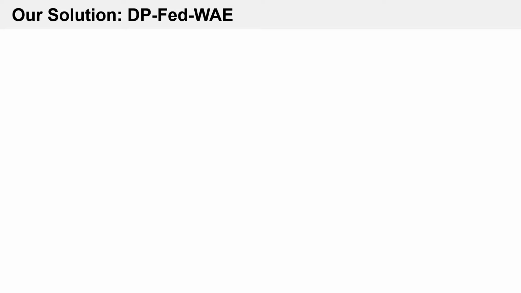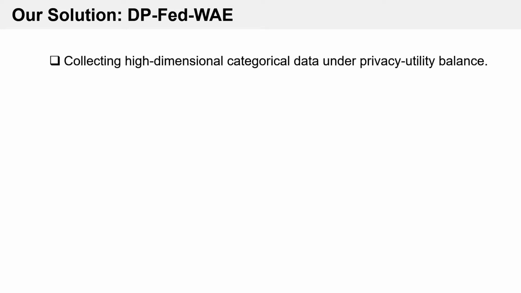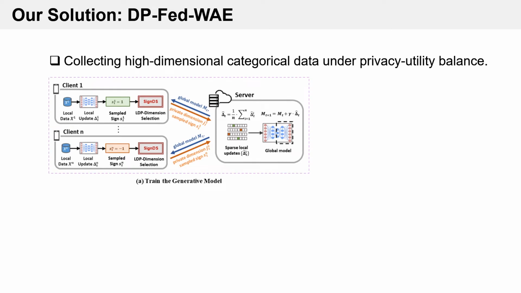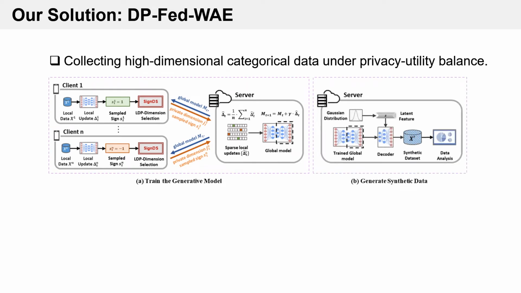With this motivation, we propose DP-Fed-WAE, a privacy-preserving framework for collecting high-dimensional categorical data. The main idea is to train a generative model in a private manner to learn the distributions of real local data and then generate high-utility synthetic data on the server side. The framework includes three key modules.